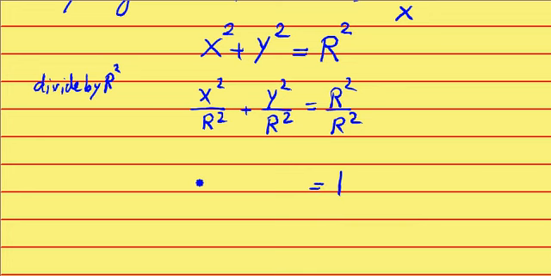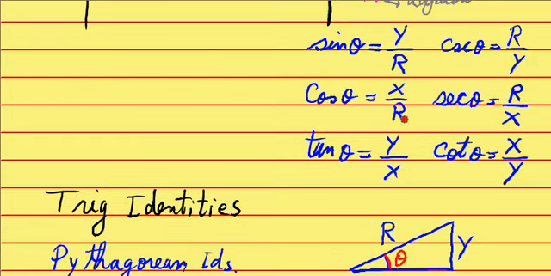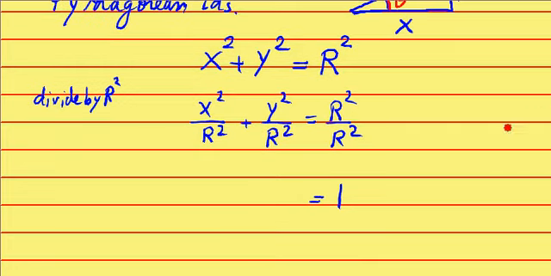What is this one? X over r. Let's focus on this angle. Let's call this one our focus angle. Let's call this theta. Who is x over r? You remember x over r, ratio of adjacent to the hypotenuse. That's just cosine. So I write this is cosine of theta.